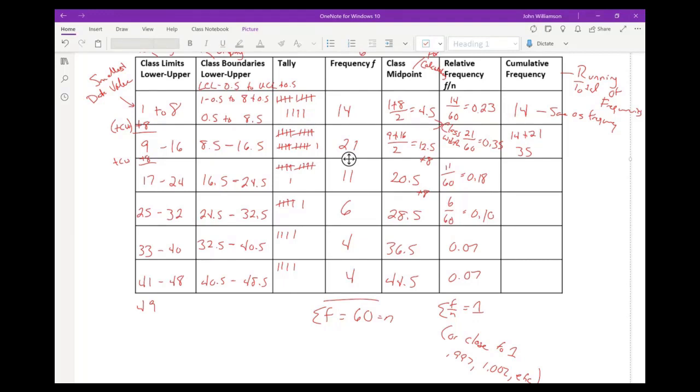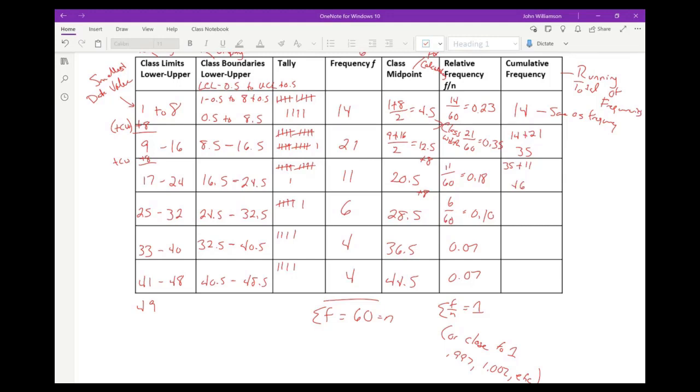Now, have we already added 14 and 21 though? We have, right? So we can use that to our advantage. I'm not saying you have to sit here and keep adding more and more numbers. Really, all you have to do is add to your previous cumulative frequency, right? Because we've already added every other row up. So for this next one, all you have to do is 35 plus the 11 to get to the 46.